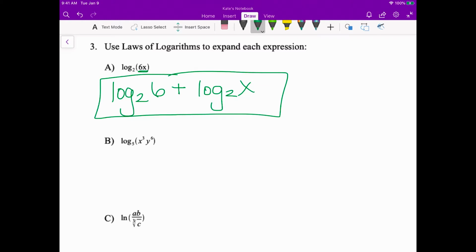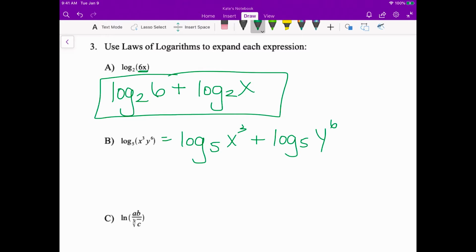So the first step is to break apart the x to the third and the y to the 6 using addition. So I end up with log base 5 of x to the third plus log base 5 of y to the 6. Since I was multiplying x to the third and y to the 6, I break those apart, each getting their own logarithm using addition.